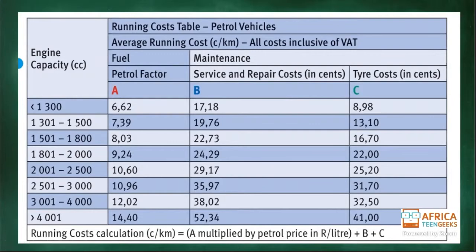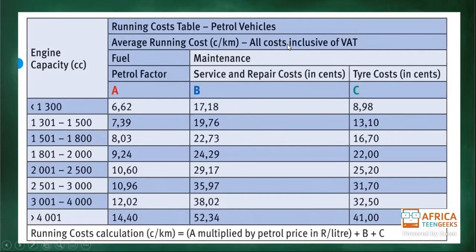These things are very, very important when we look at the running costs of a vehicle per kilometer. So we say that this is the average running cost, which is cost per kilometer.